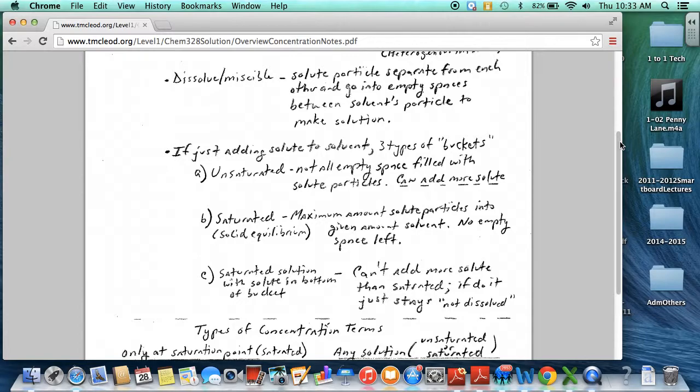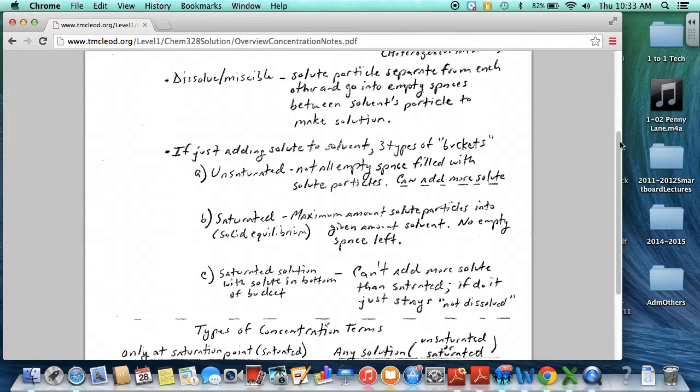So the solute particles don't disappear, they just separate. They're going to occupy the space between the solvent particles.